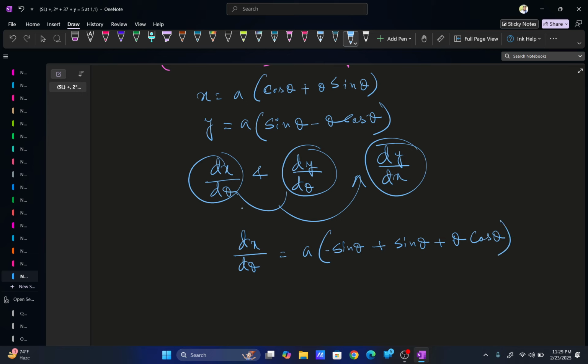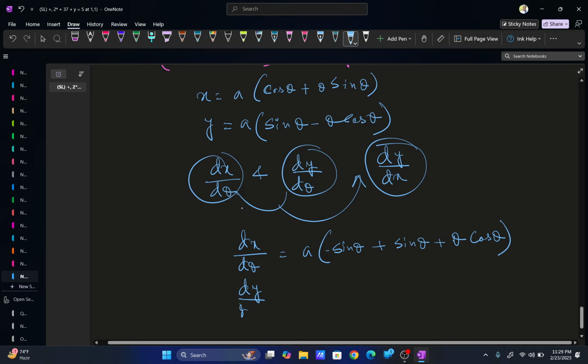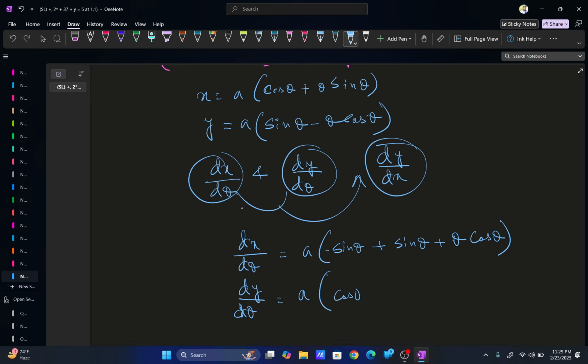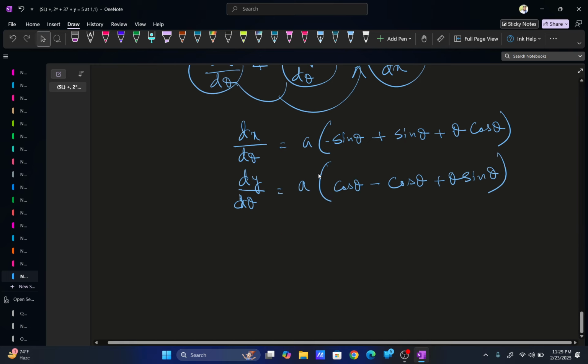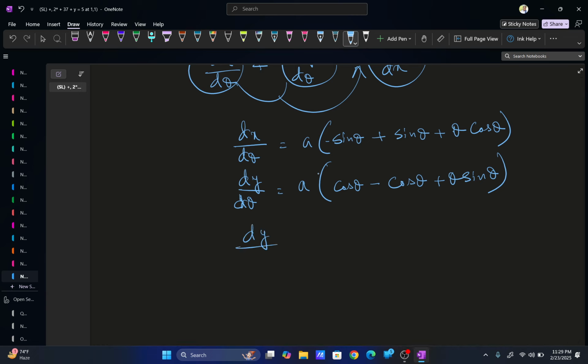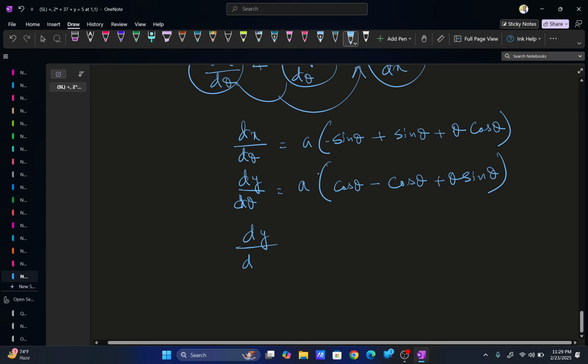And for dy by d theta, this is a into cos theta minus cos theta plus theta sin theta. We made a step jump to calculate dx by d theta and dy by d theta.